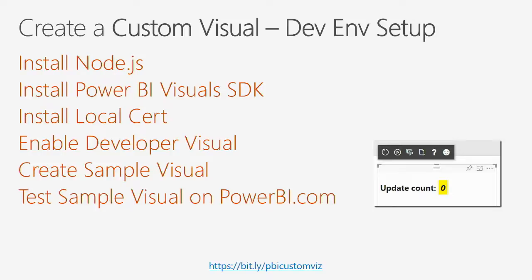So the question is, I have a customer who has a D3 visual. Can I use the same process? That's a really good leading question to the next part, so I'm going to show you how to do that. D3.js is a common JavaScript visualization library that allows you to draw vectors on your screen, so circles and squares and any kind of random visualization that you need for your visual.